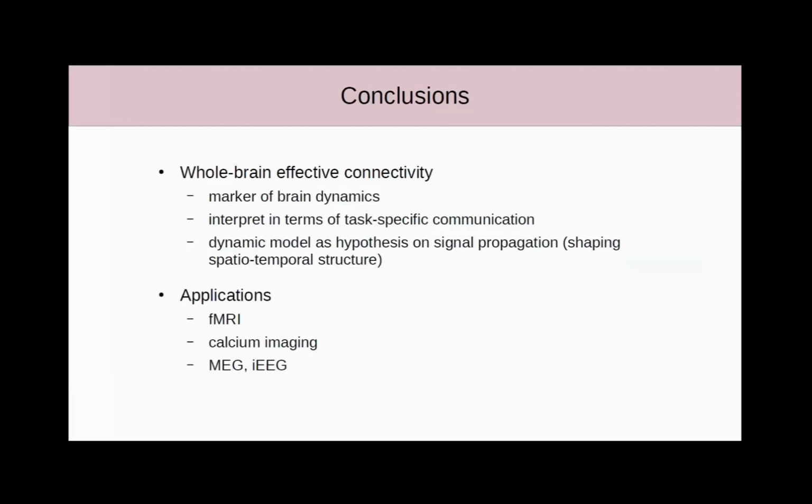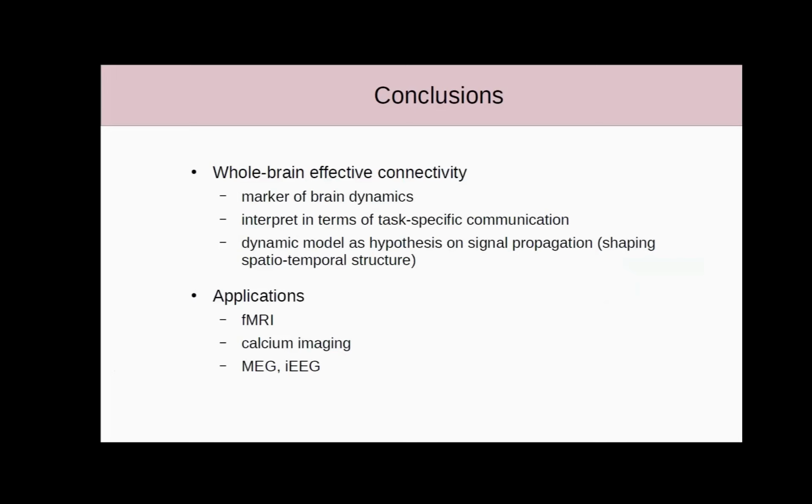All right. So I hope you enjoyed this tour on whole-brain effective connectivity. As I tried to show, it's a good concept to bridge structure and function, as well as to get markers of brain dynamics that you can interpret. Right now, the idea is to try different types of dynamic models.